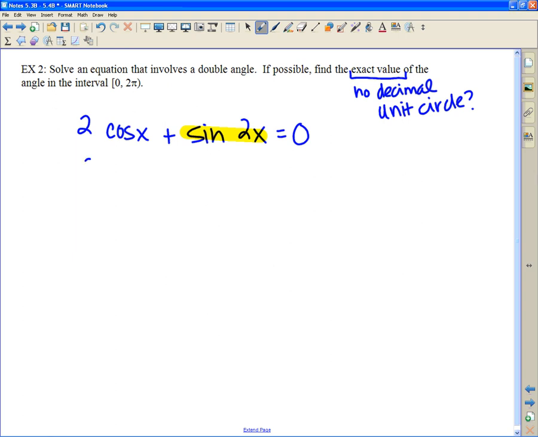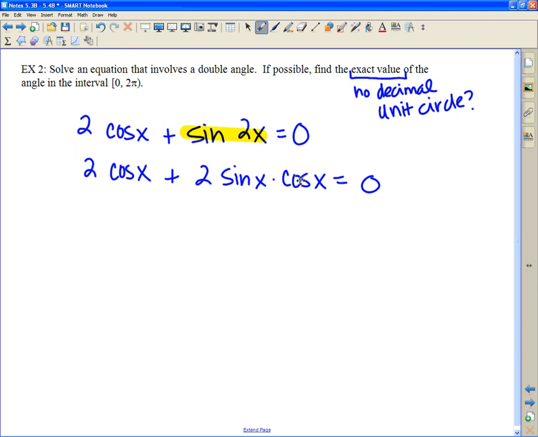So copy down 2 times the cosine of x. It's not harming anyone. Plus, sine of 2x only has one option. The only thing that sine of 2x can equal is 2 times the sine of x times the cosine of x. Make sure you write everything down equals 0 every single time. Now, we have two different variables.